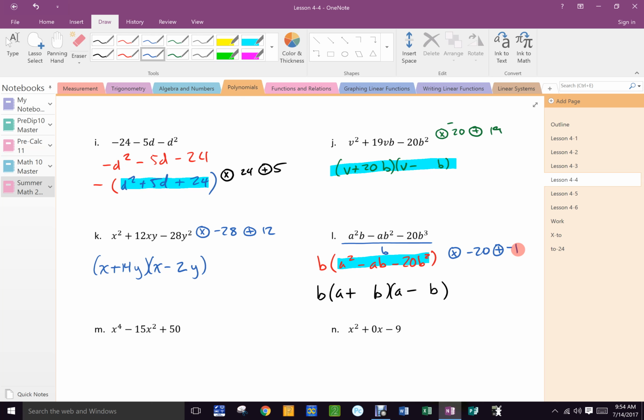No, 2 and 10 will never make 1. Is it 4 and 5? Yes. Which one? Positive 5 minus 4 or positive 4 minus 5? Positive 4, negative 5, because 4 minus 5 gets me negative 1. Is everybody cool with that?